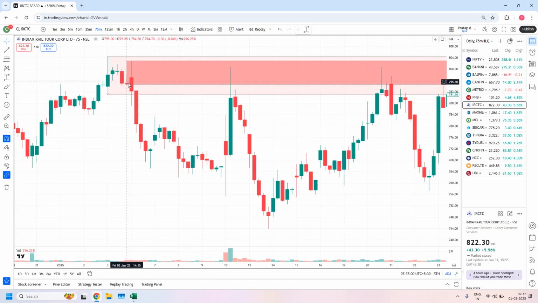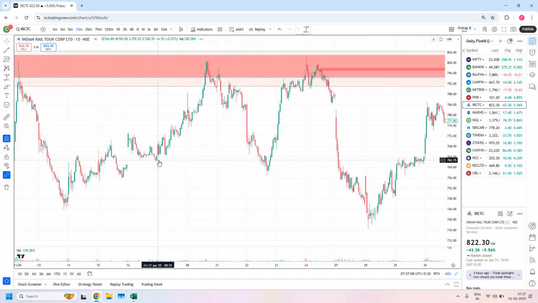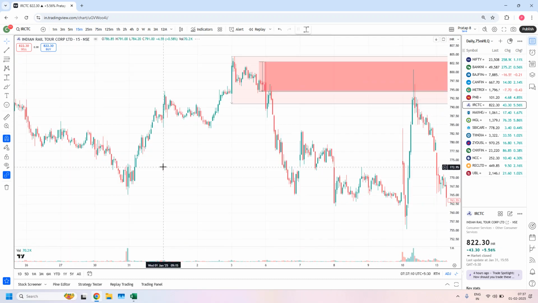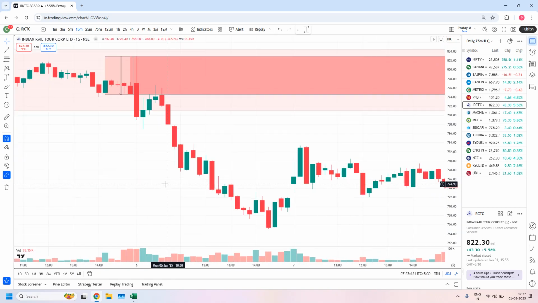We have a drop base and again a drop candle. Within this again we fine-tuned with the 15-minute time frame. In the 15-minute also we have a rally, 1, 2, 3, 4, again a drop candle.